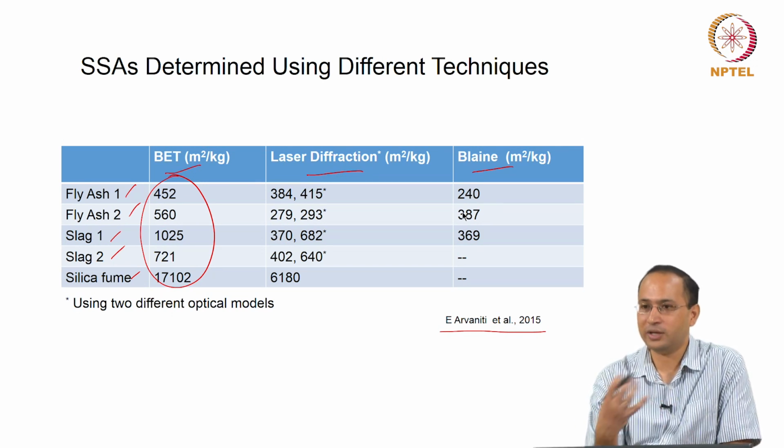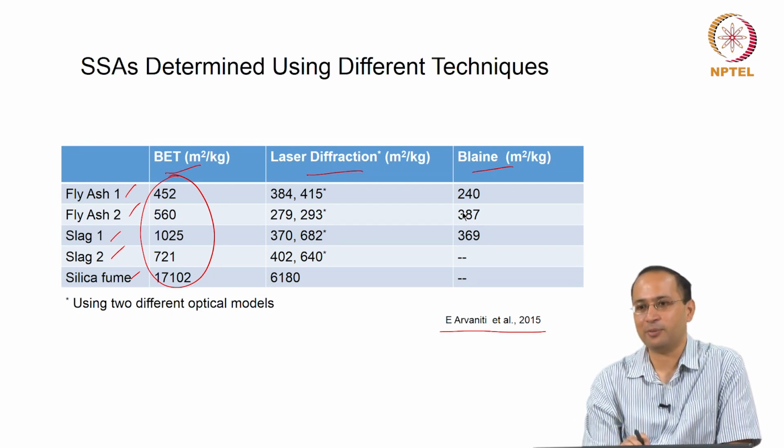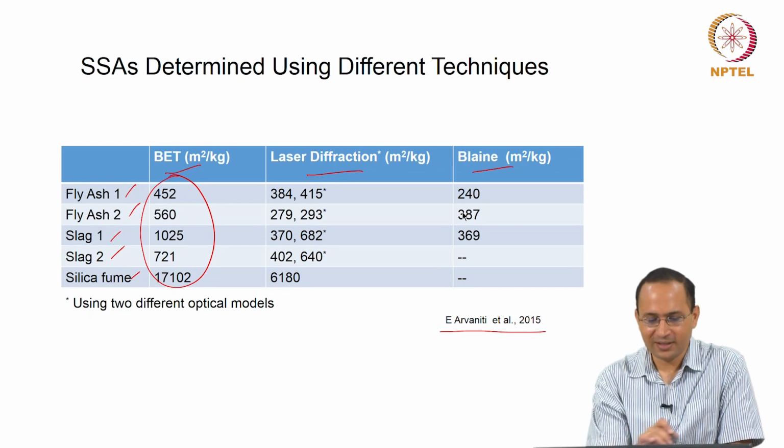Because other tests do not consider the porosity and roughness of particles. As long as nitrogen molecules can access cracks and get into the pores, we will be able to determine the surface area. That is the thing you need to take away from this slide.